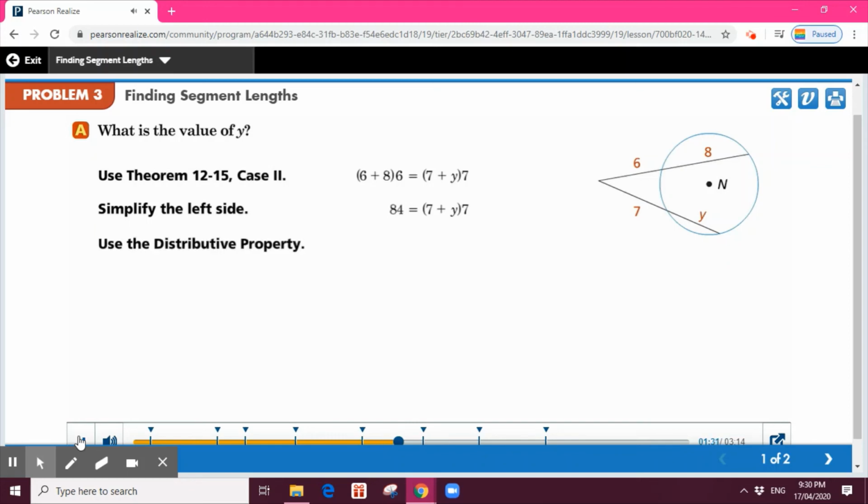And use the distributive property on the right side of the equation. Subtract 49 from each side. Now divide each side by 7 to solve for y. So y equals 5.